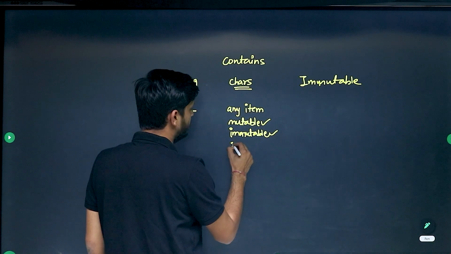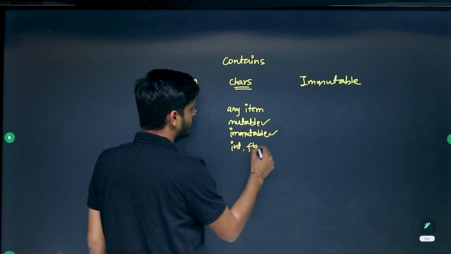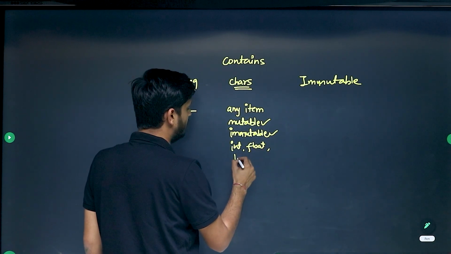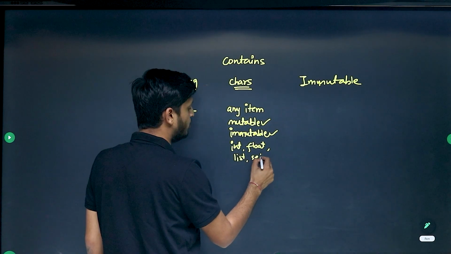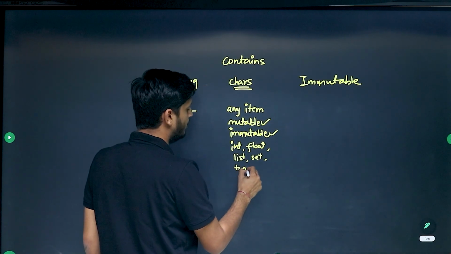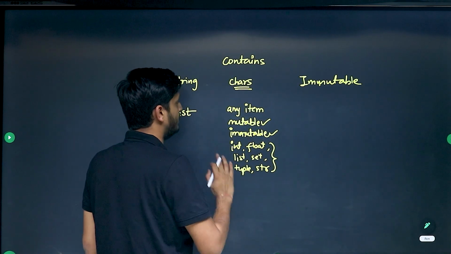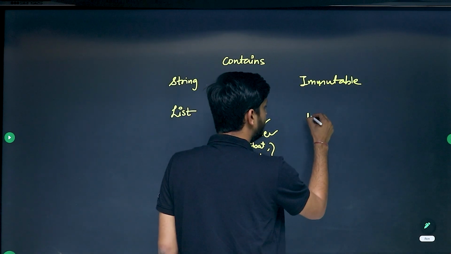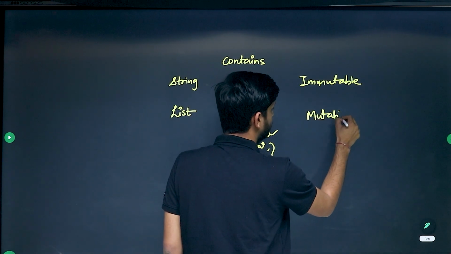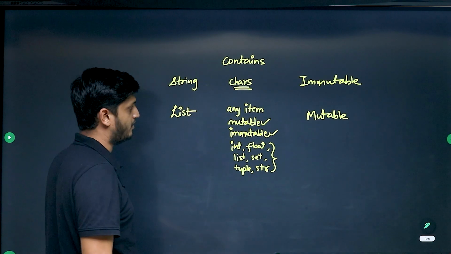So it can have integer, float, or you can have a list or a set which are mutable, or you can have a tuple or a string which are immutable. All of them can be present inside a list, and the list itself is mutable.